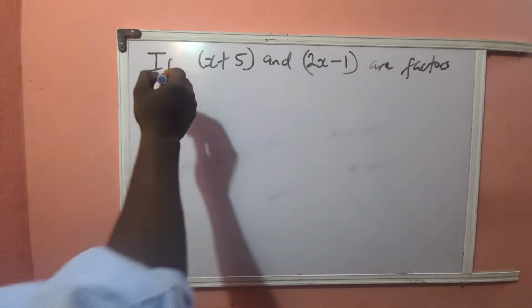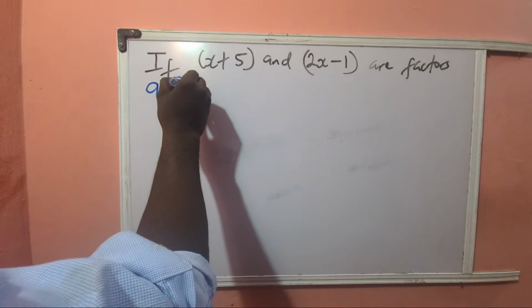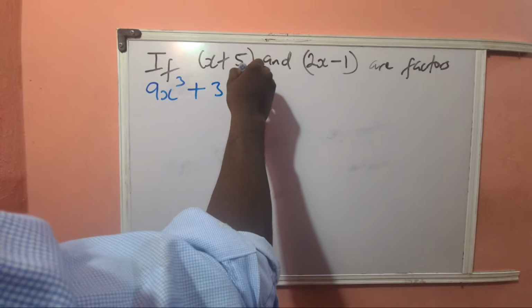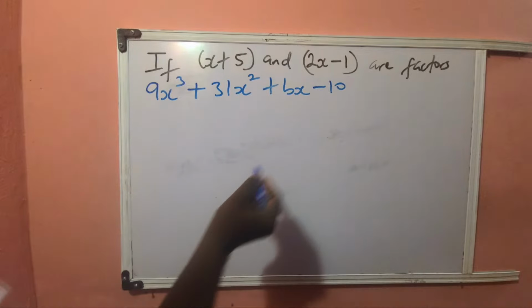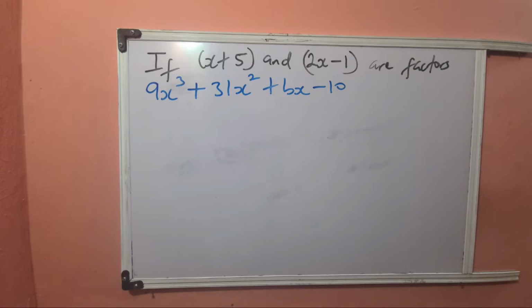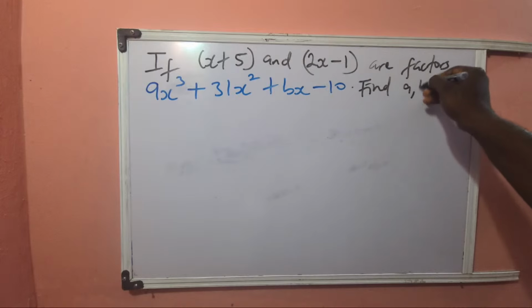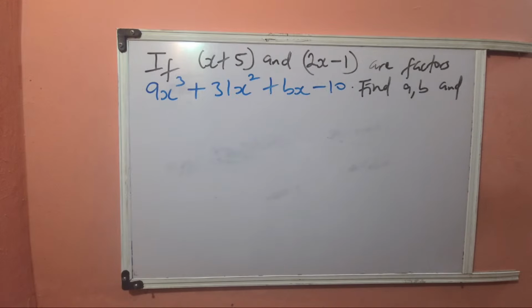The polynomial is written as ax cubed. This is a polynomial to the degree of 3. It's 1x squared plus bx minus 10. So the question told us to find the value of a, the value of b, and we have to find the remaining factors.